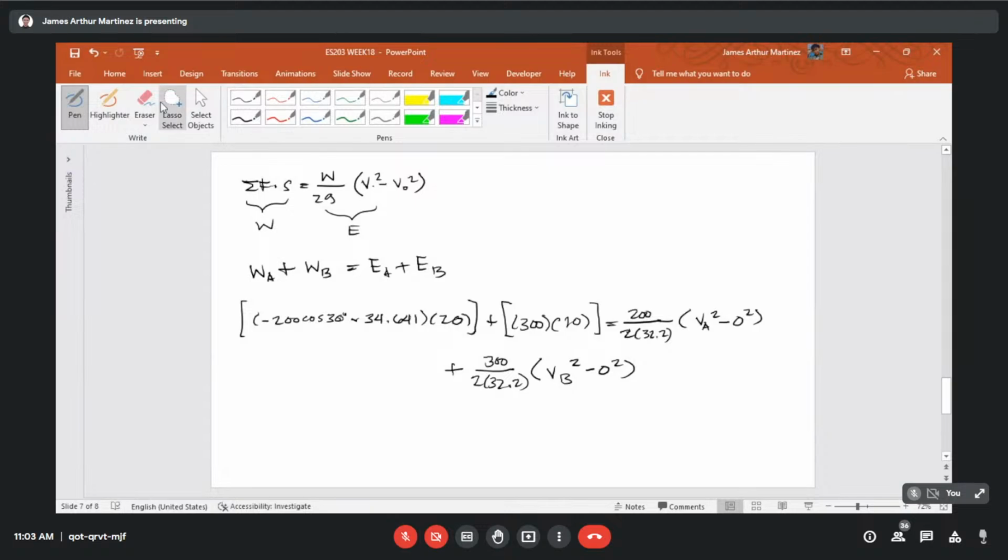Right? So I will simplify the left-hand side of our equation.